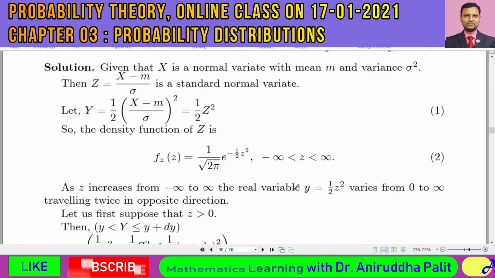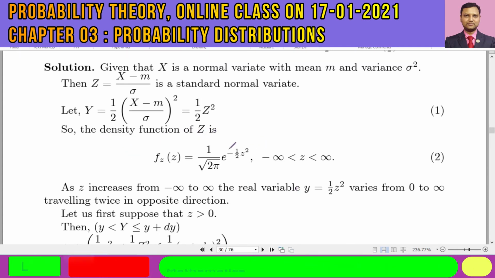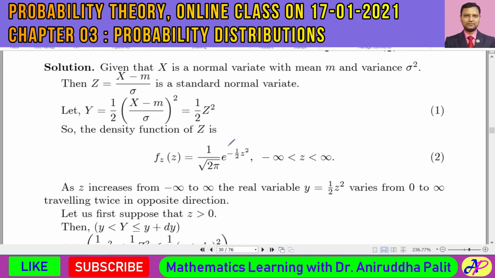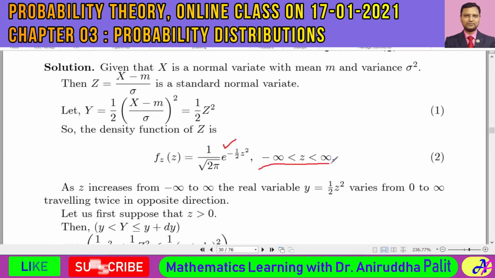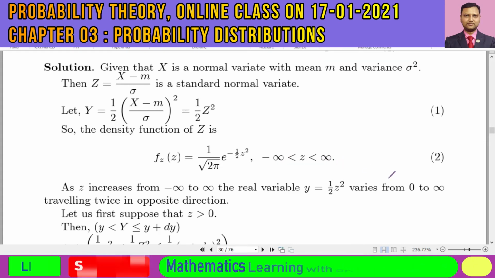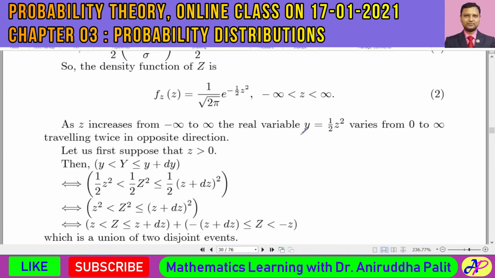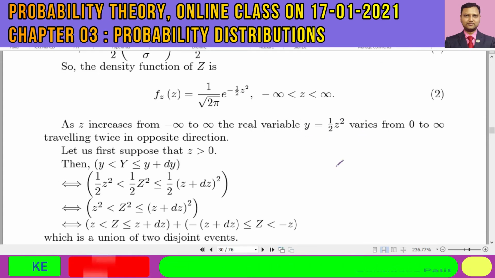Now you see over here, z is a standard normal variate, therefore the density function should be 1 by root over 2 pi, e to the power of minus half z square, and the spectrum of z should be minus infinity to plus infinity.